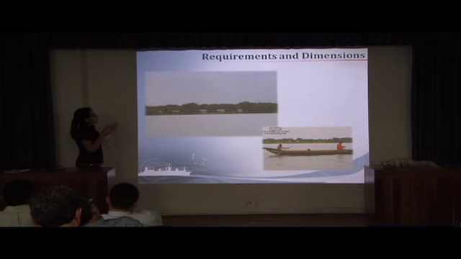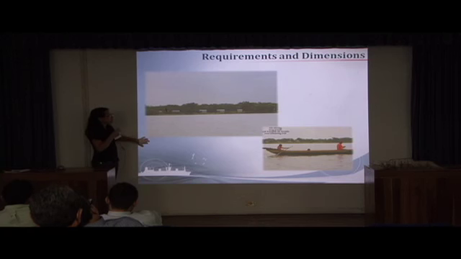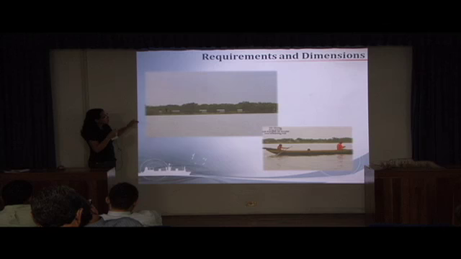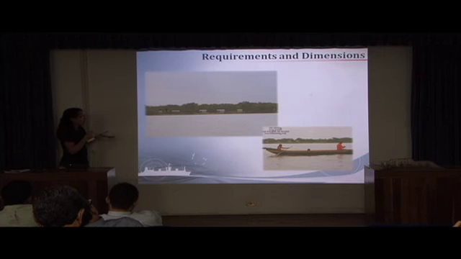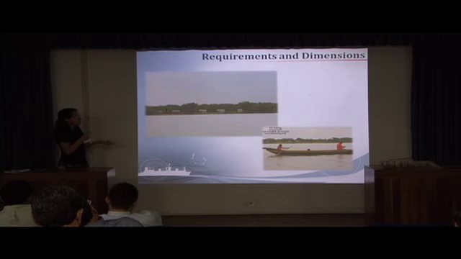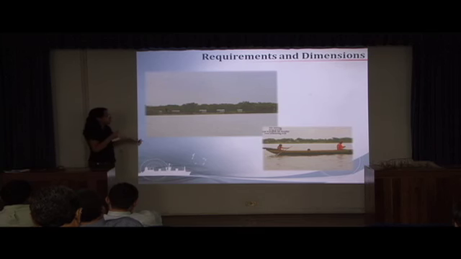Okay, the requirements. Some tourist companies are building playgrounds on the Santai Island, and they need a ship, a barge, which can transport people, workers, heavy machinery and construction material to the island.